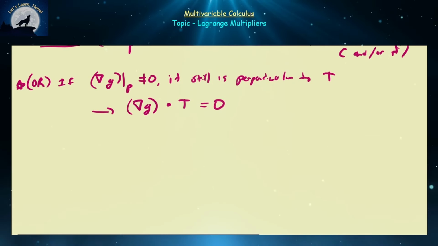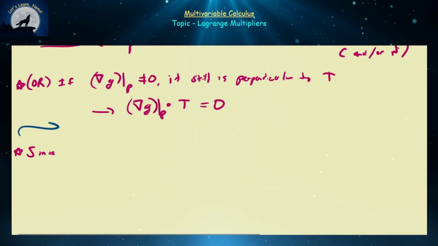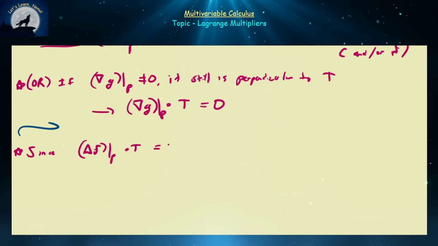So combining what we had before, the gradient of f at P dot T was equal to 0, and here we have the gradient of g at P dot T is also equal to 0. Then we have what? Since gradient f at P dot T equals gradient g at P dot T equals 0, these vectors are parallel to each other.